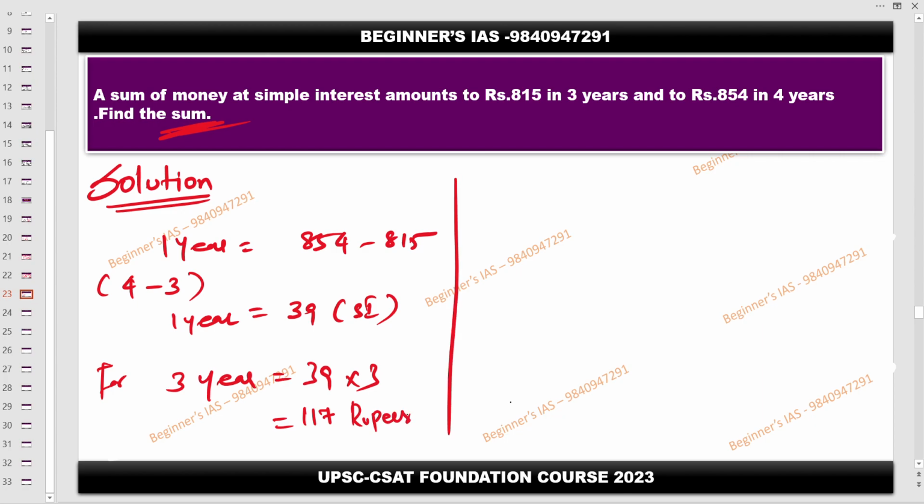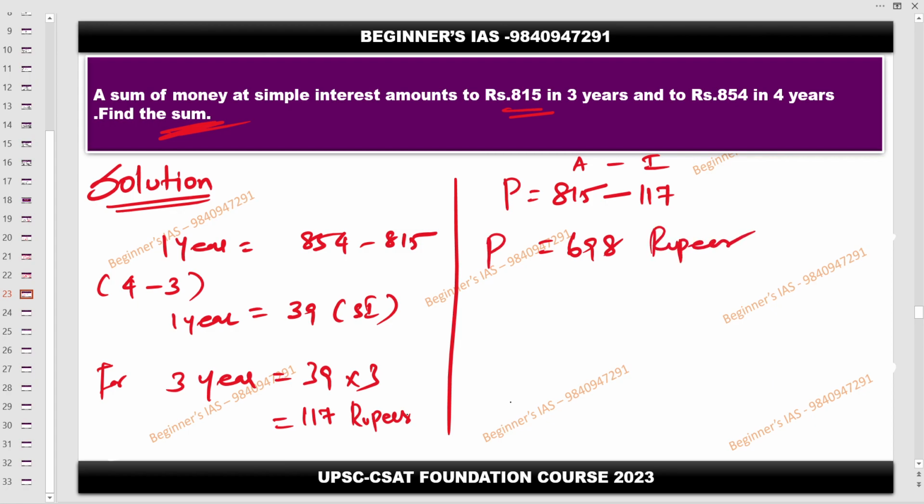Then you can calculate the principal. The principal is the amount for 3 years, 815, minus the simple interest. So this is the amount minus interest. That interest is 117. Subtract this and you will get 698. So the principal is equal to 698 rupees. Clear?